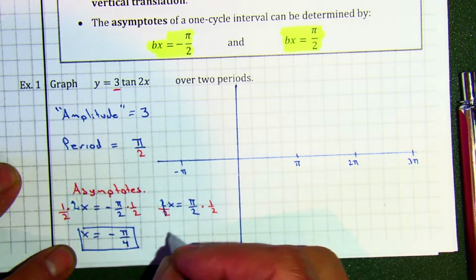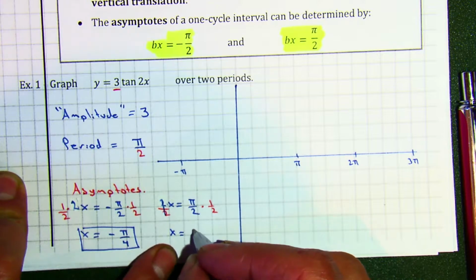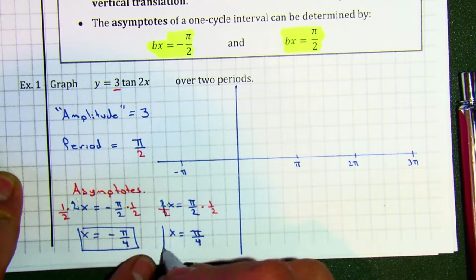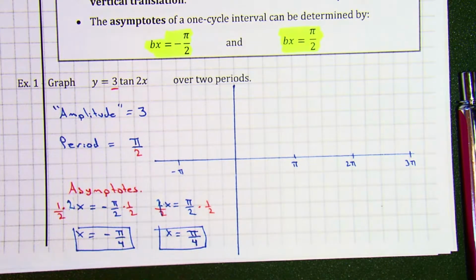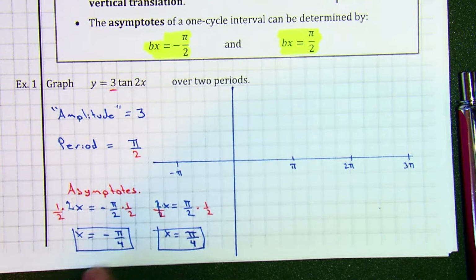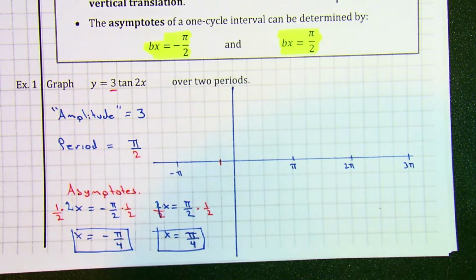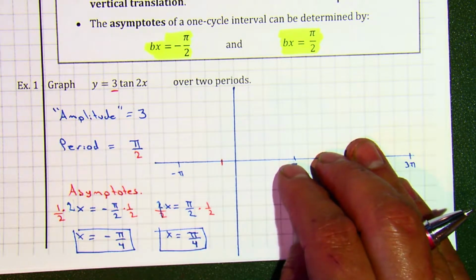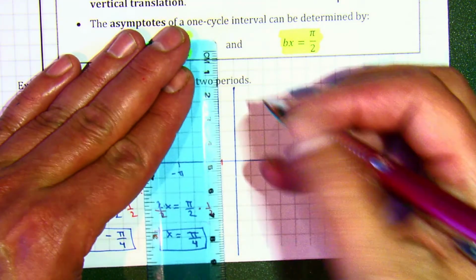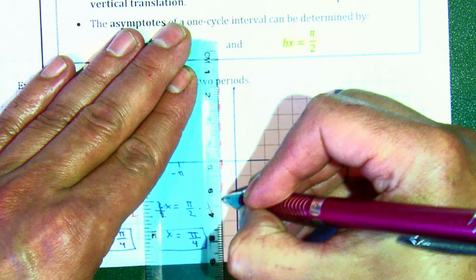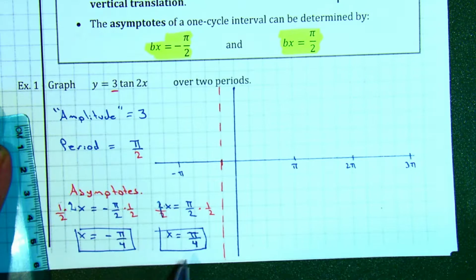My 2's cancel, so therefore x is equal to pi over 4. So one of my asymptotes will be negative pi over 4, which is here. Then I'm going to draw it. My other asymptote is pi over 4.